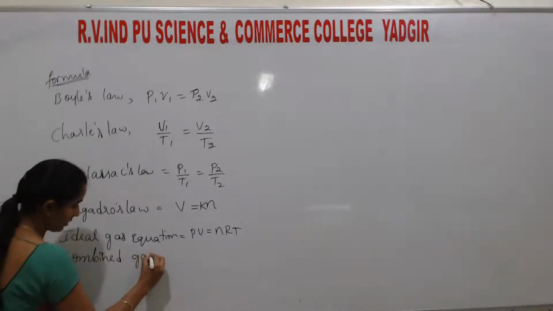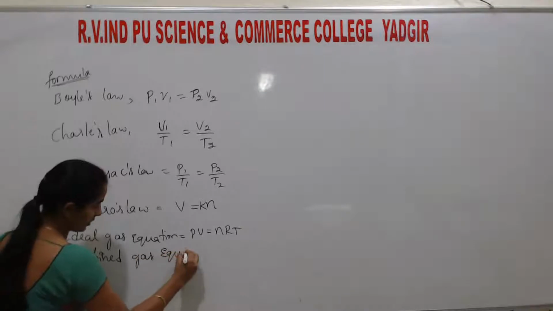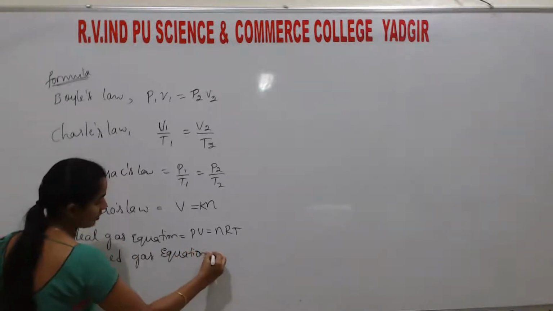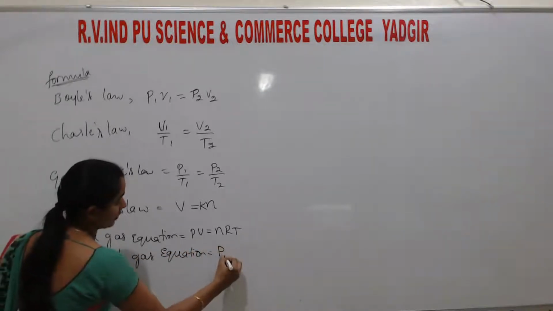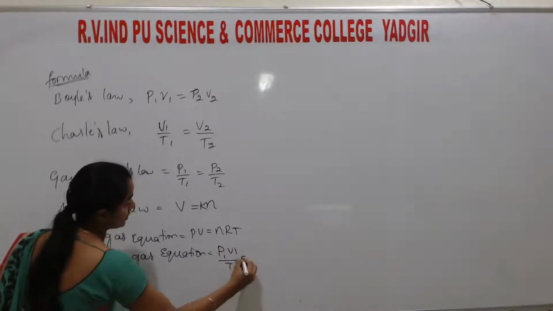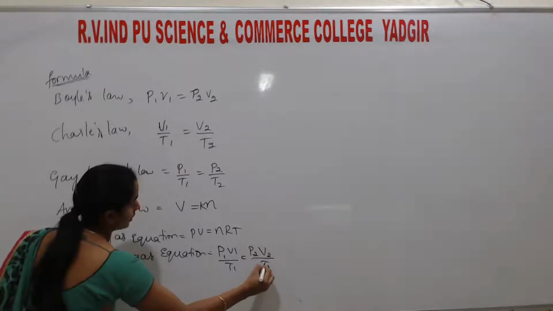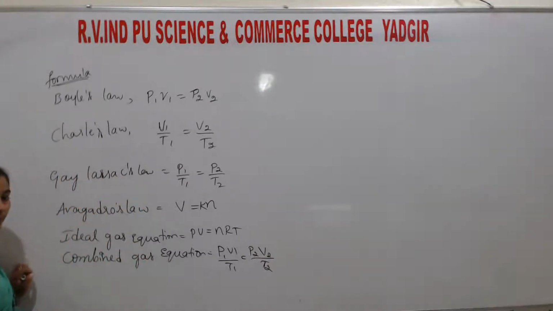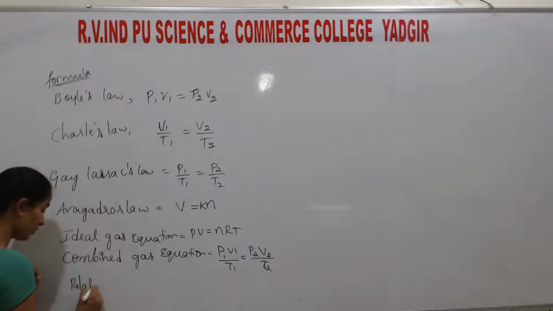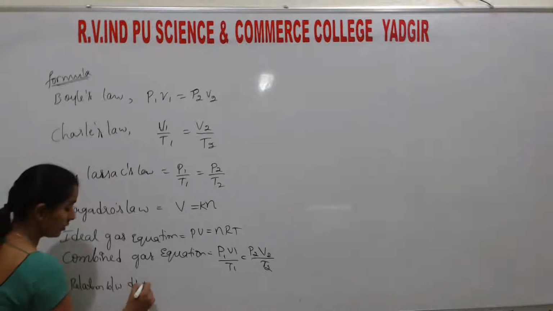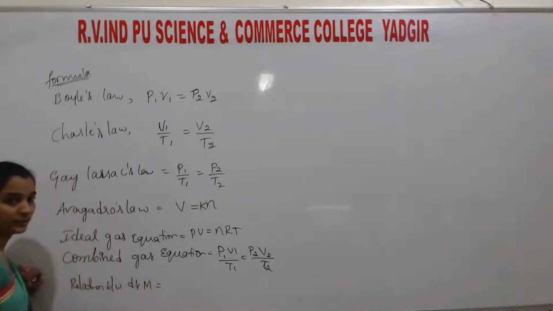Combined gas equation: P1 V1 by T1 is equal to P2 V2 by T2. Okay. And the last one is the relation between density and molar mass.